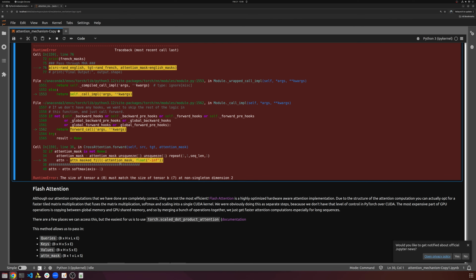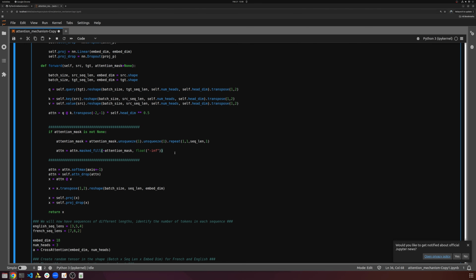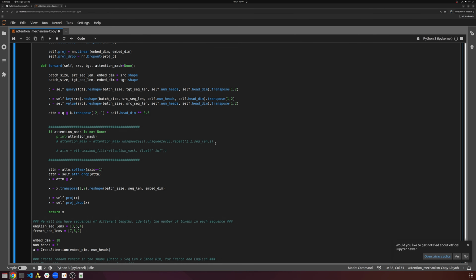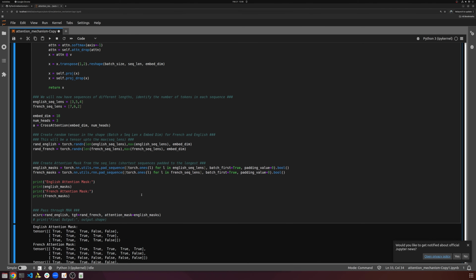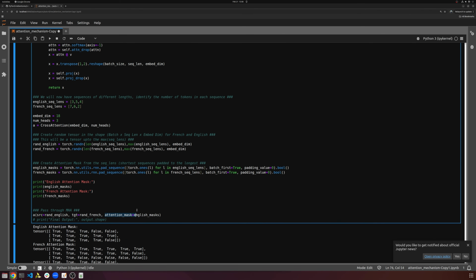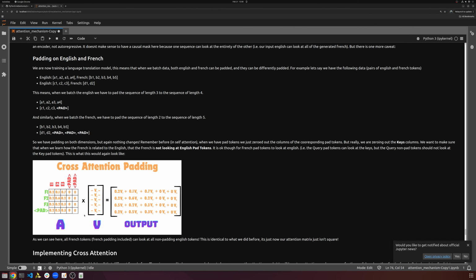Now that we have that, I believe that QKV, attention. Okay, let's see. Right, so we have one more thing to fix. So print attention mask. Okay. Here is our attention mask. Okay, so key idea. Our attention mask, we want to mask out the columns of English, right?